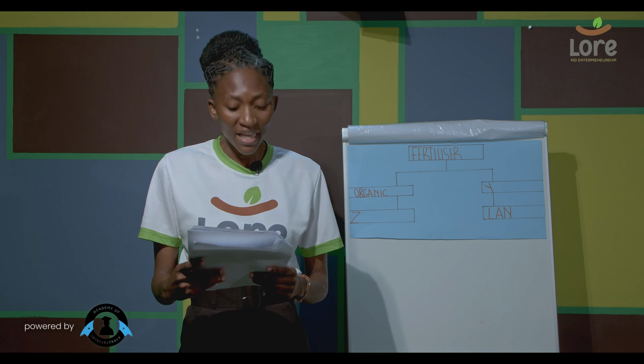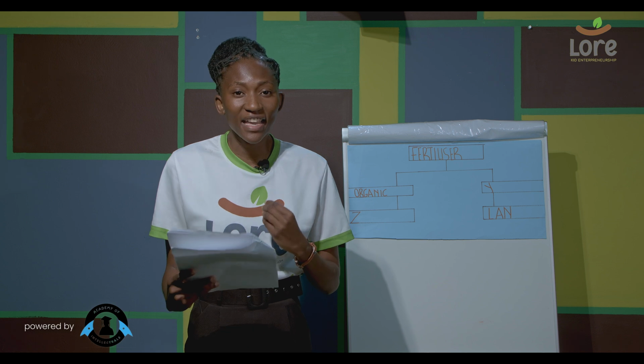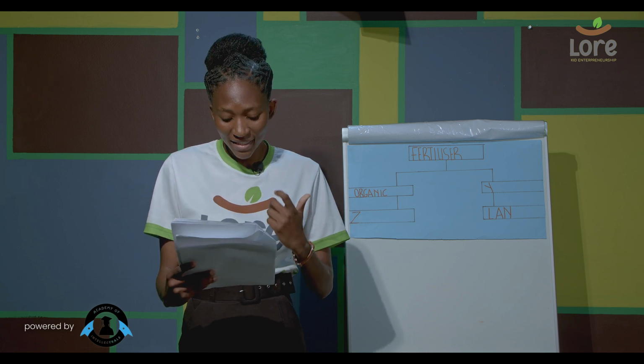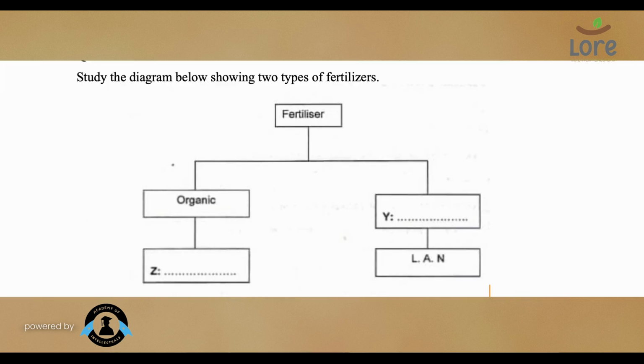Question 2 says, study the diagram below showing two types of fertilizer, and then complete the diagram by filling in the missing. So we have a diagram here showing two types of fertilizers, and we have to complete our diagram.